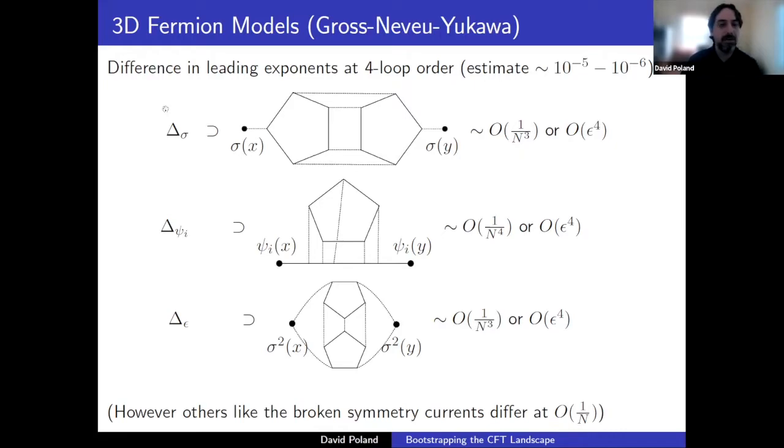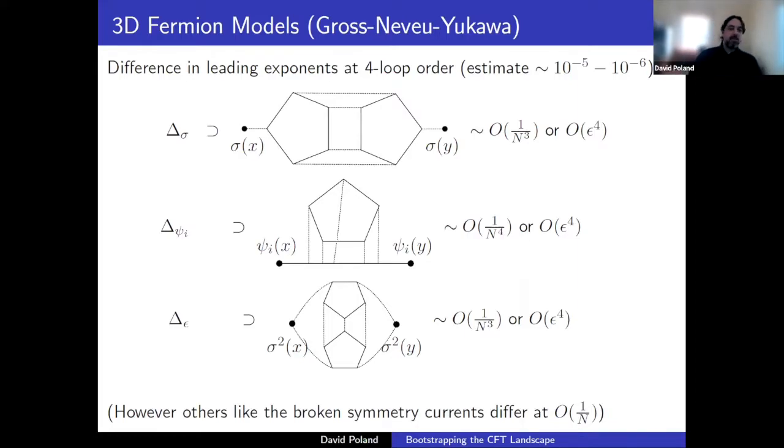If you plug in numbers, for example in the epsilon expansion, you can estimate that the difference in scaling dimensions should be at the 10 to the minus 5 to 10 to the minus 6 level. So it's an interesting question whether the bootstrap can resolve the difference between the two models.